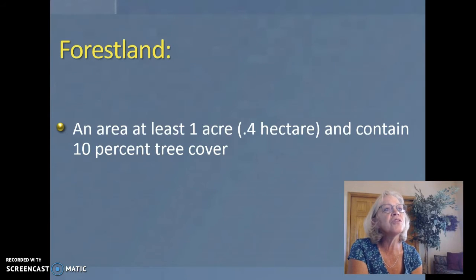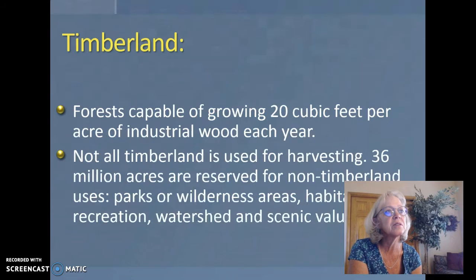Now, the definitions you'll need to be aware of: forest land is an area at least 1 acre and containing 10% tree cover. Timberland is land that is capable of growing 20 cubic feet per acre of industrial wood. Not all timberland is used for harvesting. Sometimes it's because they can't get to it.